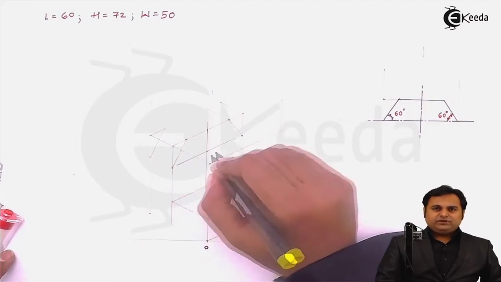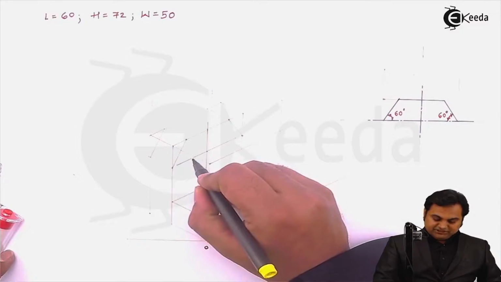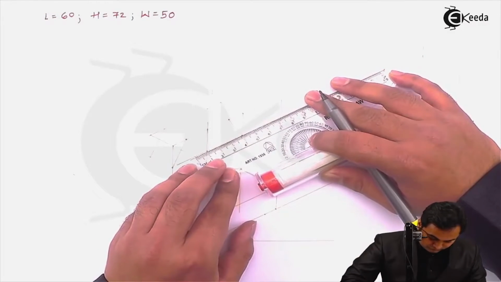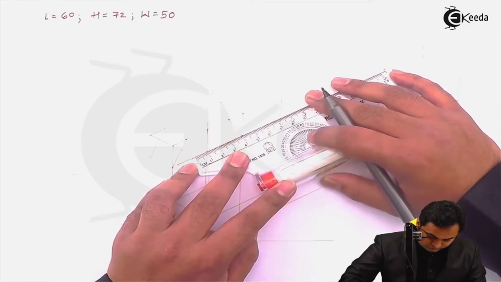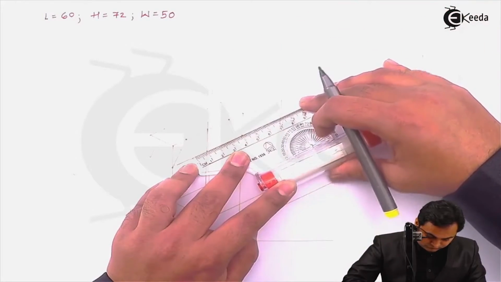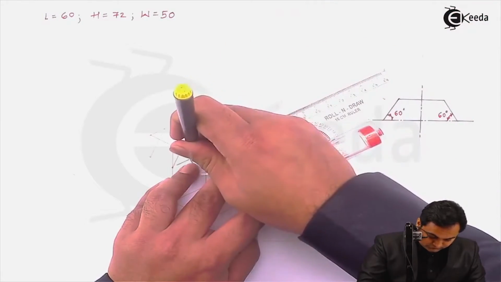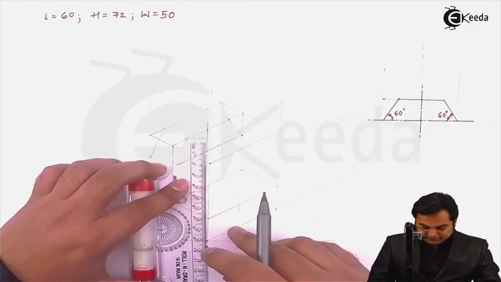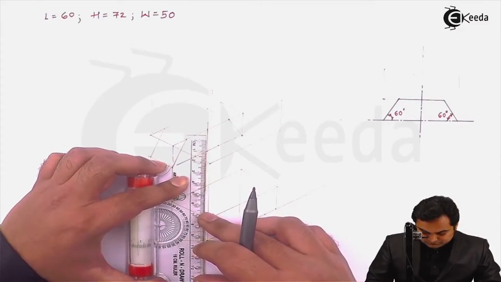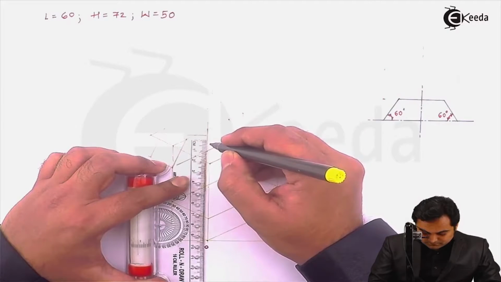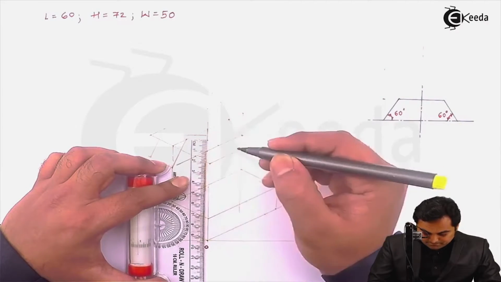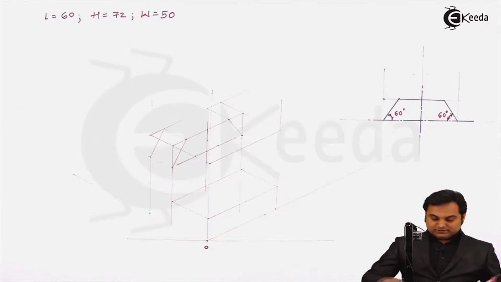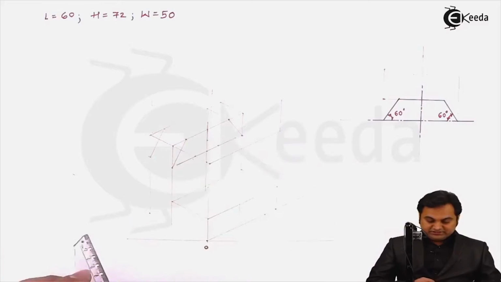Since the diameter is 20 mm, I'll measure 10 mm on one side, 10 mm on the other side. So 20 mm. Similarly, onto the vertical line, measuring 20 mm, that is taking 10 on both the sides.